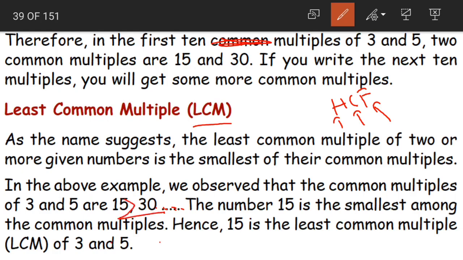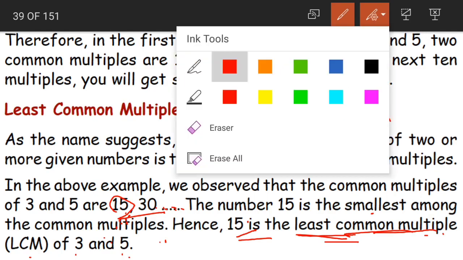This is our first common multiple, so it becomes our smallest common multiple. Hence 15 is the LCM, the least common multiple of 3 and 5.